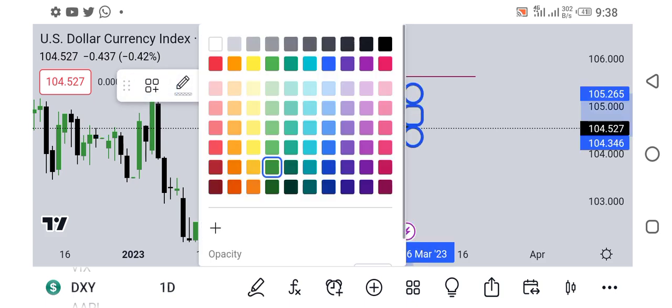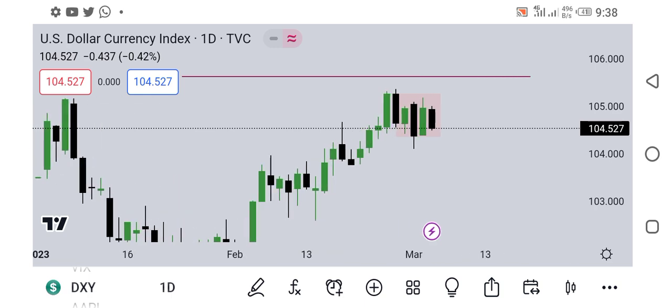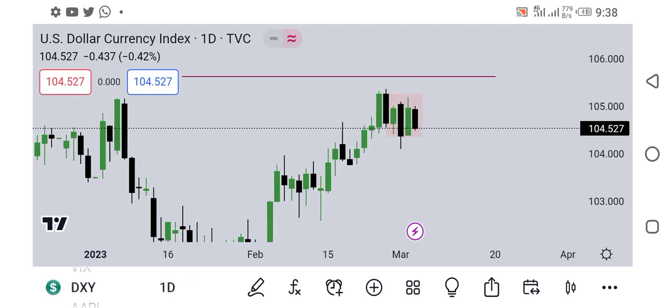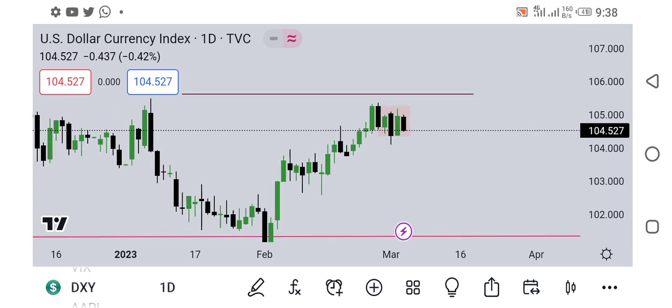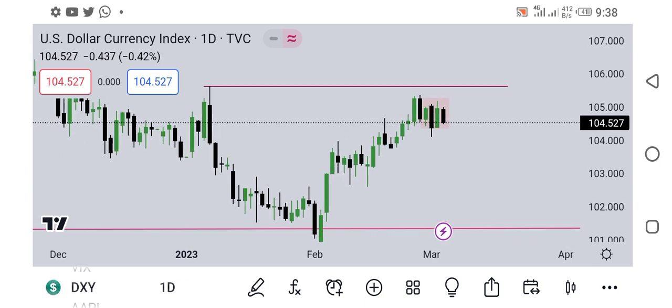Are we together? The movement is not that great. So that's the kind of price action we have. So in this scenario, the question will be up or down. That's the question we have to answer.